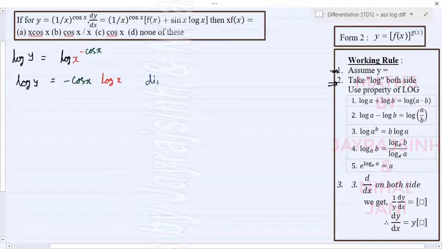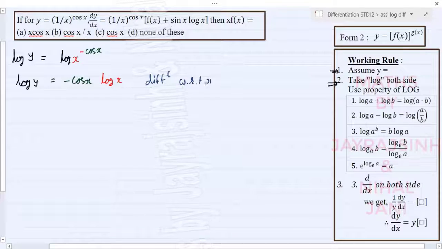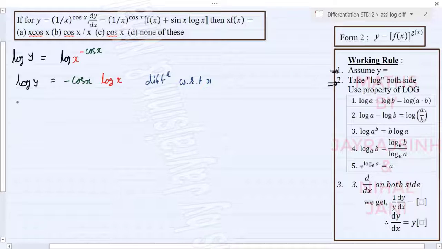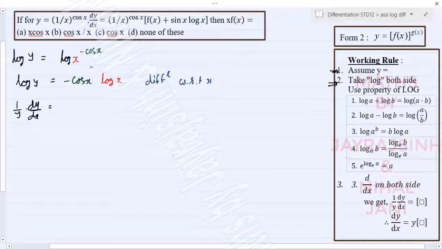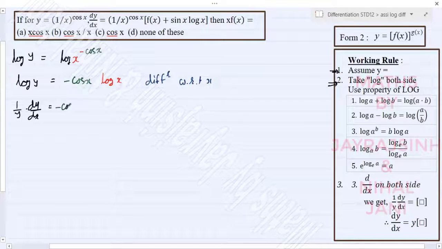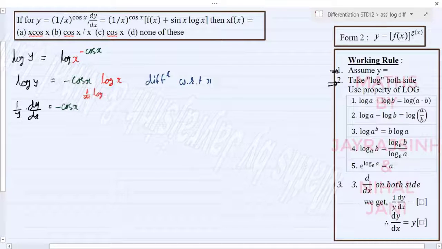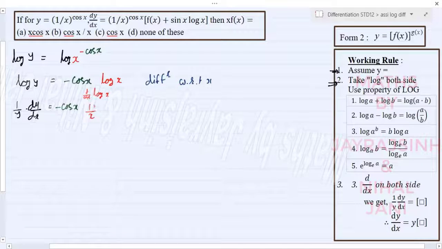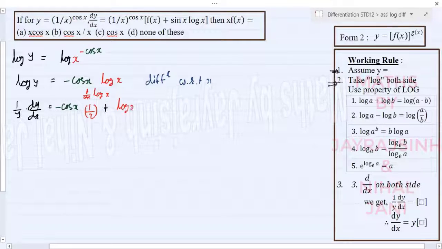So we are ready to differentiate our equation with respect to x. So differentiation of log y will be 1 upon y dy by dx, and on the right hand side we have to apply the multiplication rule. Let's say minus cos x will be as it is. We have to differentiate log x, which is 1 upon x, plus your log x will be as it is.